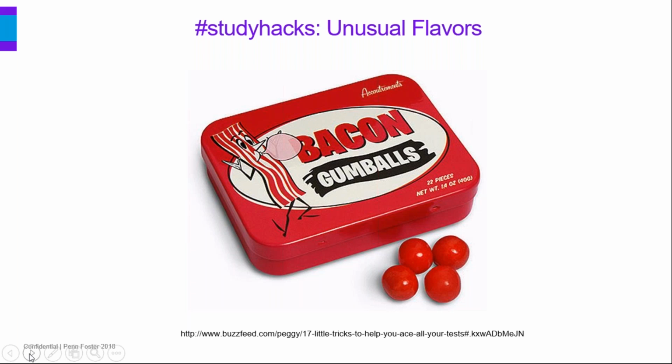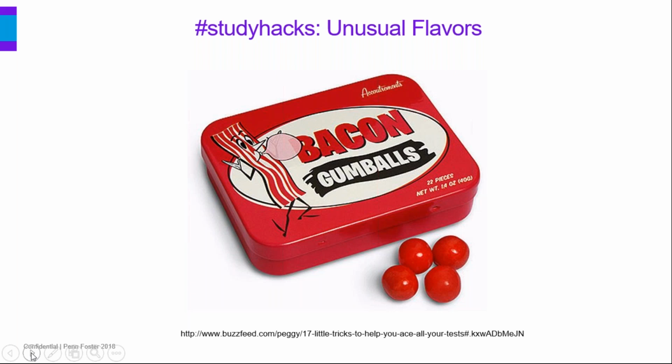Yeah, and when you're thinking about unusual flavors, if you're tasting those things when you're studying information, and then during the test you eat that same item, you'll be able to remember better the information that you are studying. So bacon gumballs, I love bacon. I'm not so sure about how I would feel about it in a gumball form, but you could figure out whatever flavor it is.